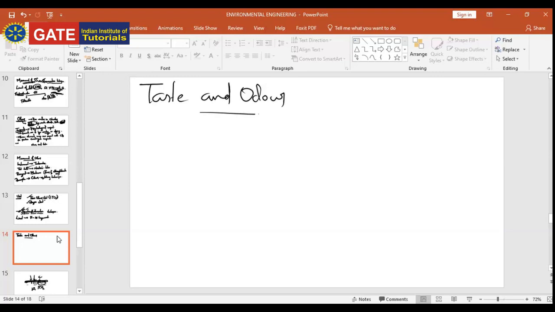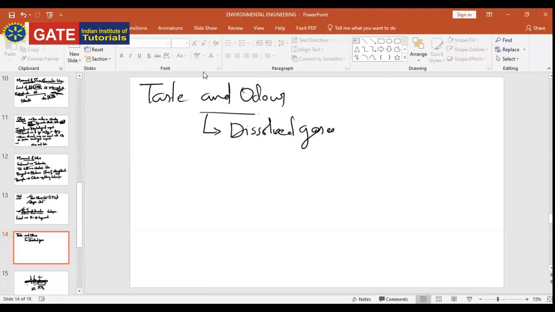Have you heard of mercaptans? Ethyl mercaptan, methyl mercaptan. That is also in chemistry, you will be studying about that I hope. Those are also odor causing and taste causing materials. It is not the only reason, but the major reason behind taste and odor is dissolved gases.